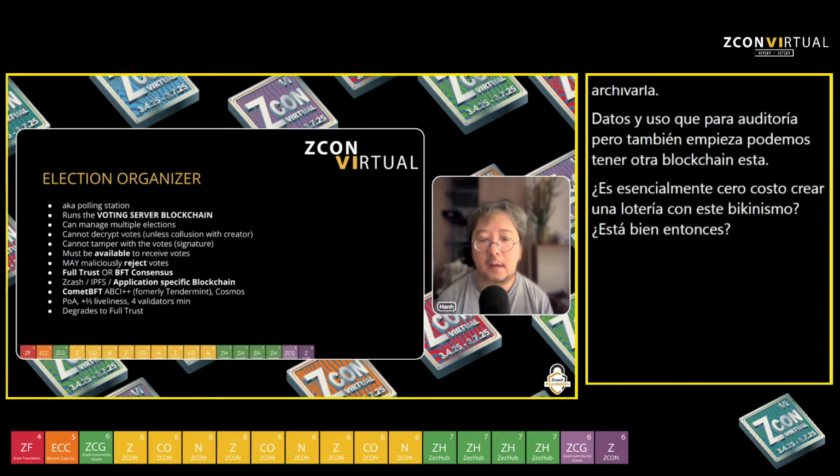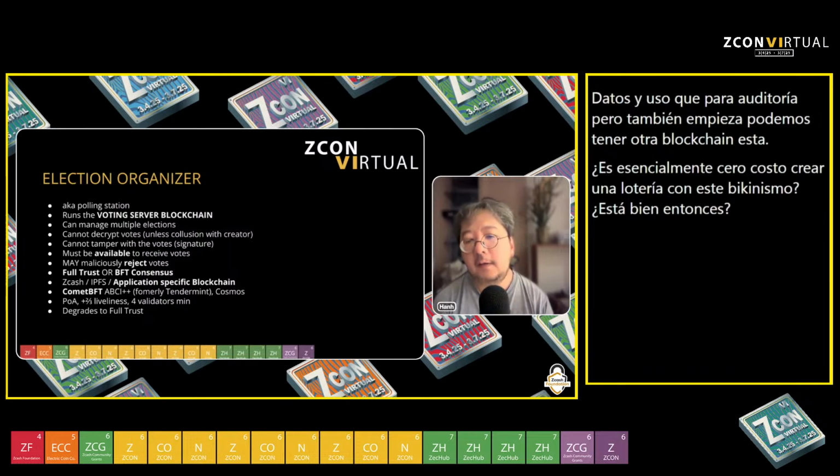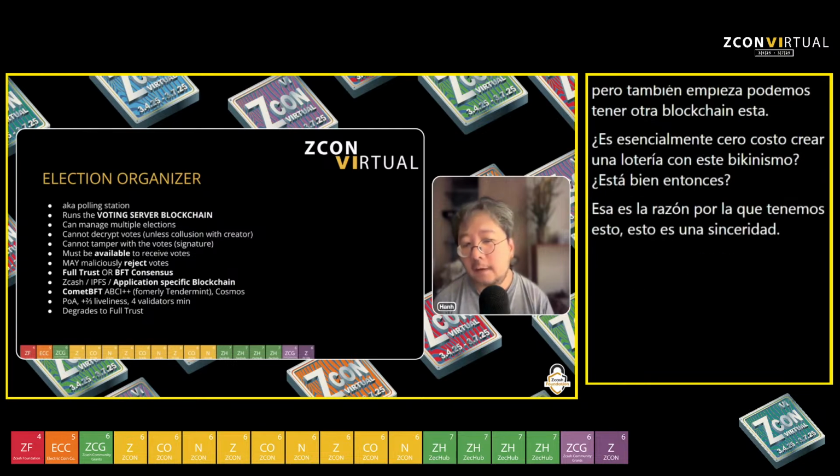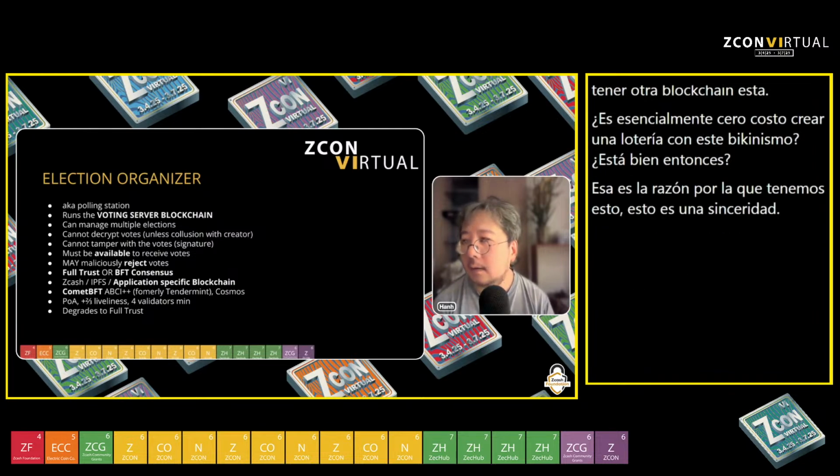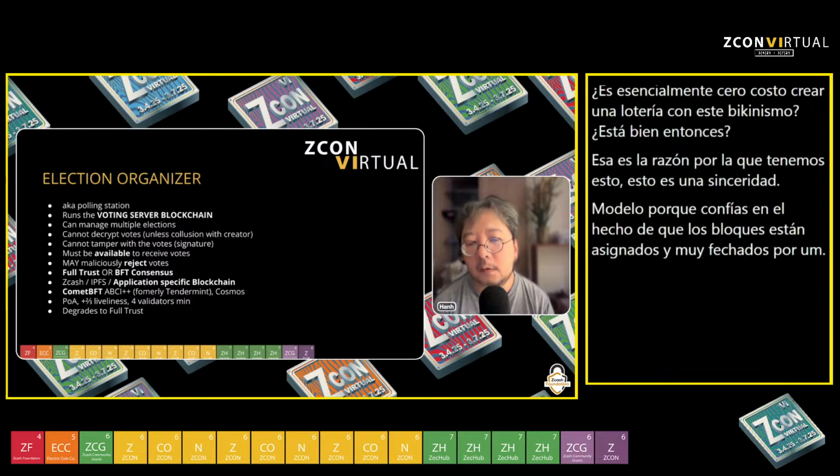This is essentially a proof of authority model because you are relying on the fact that the blocks are signed and validated by a certain number of validators.